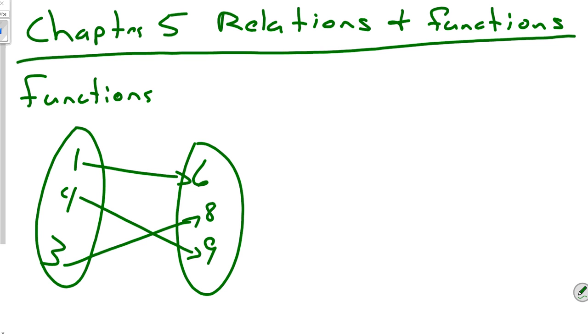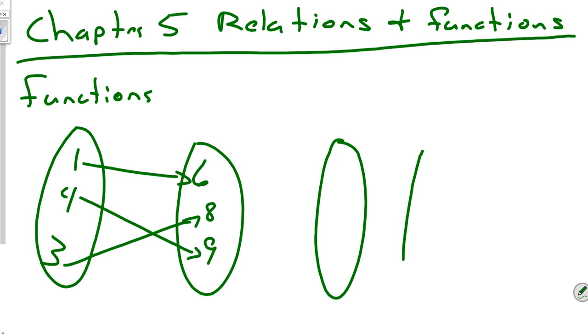Okay, so these were these maps that we had out. Now remember, with a function, you can either have all the lines going to one thing, or, right, very good, Lucas.